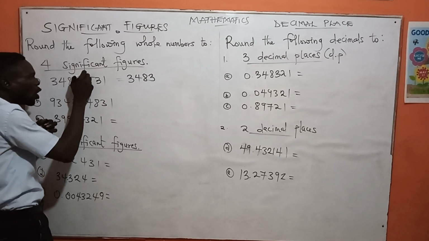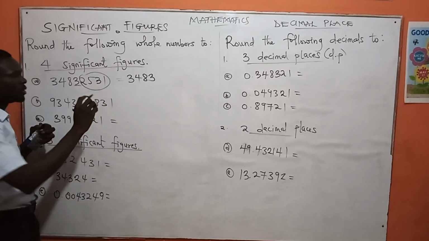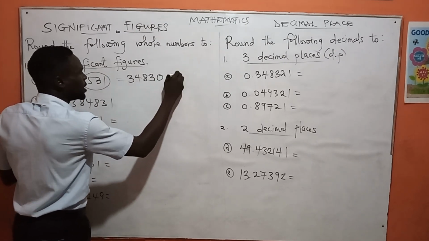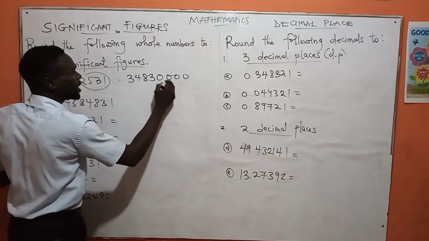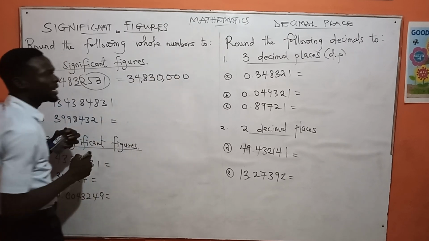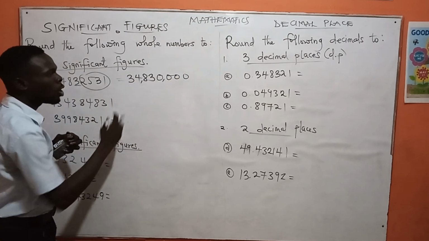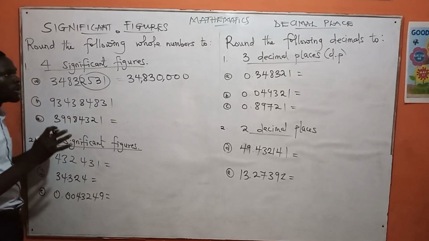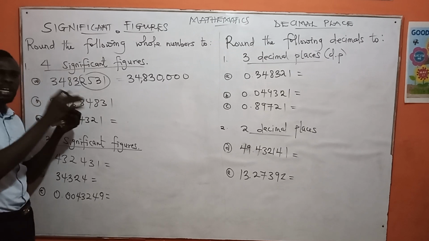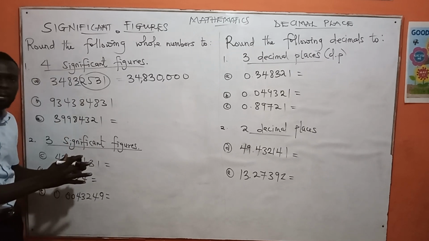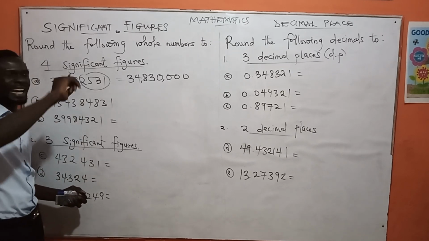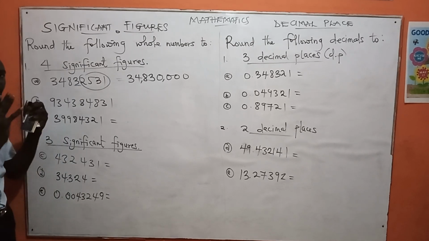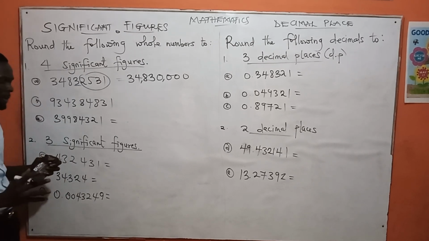Then I'll change all these digits to 0. So we have 0, 0, 0, 0. And this gives us a value of 34,830,000. So with a significant figure, if it is a whole number, we start with the first non-zero digit, and that is the significant figure.